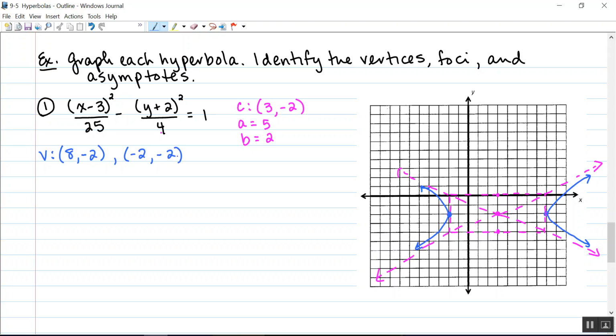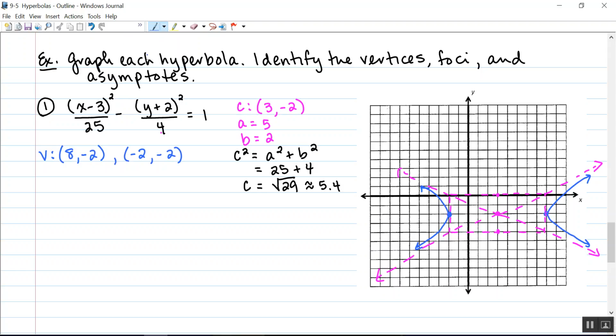Okay, now I need to find the foci. So to do that, I need to know what my value of c is. So I'll use c squared equals a squared plus b squared, or that's equal to 25 plus 4. So c is equal to the square root of 29, which is approximately 5.4.